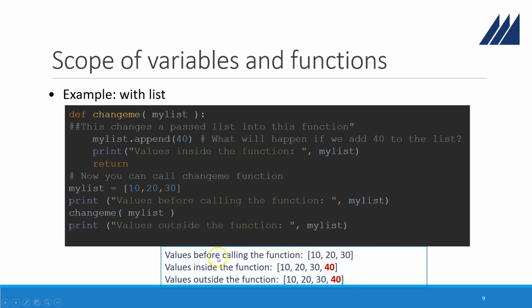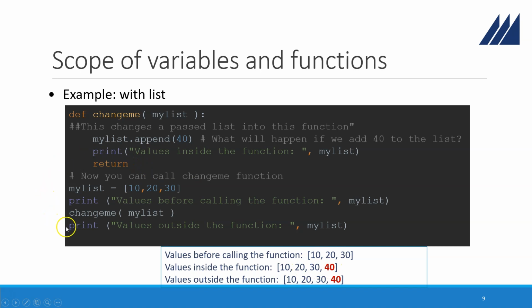So the result was value before calling the function is 10, 20, 30. And then I called the function. And I went inside the function. I appended 40. So I added one more. I changed my list by adding an extra item, which is 40. And then I printed the list inside, including the 40.